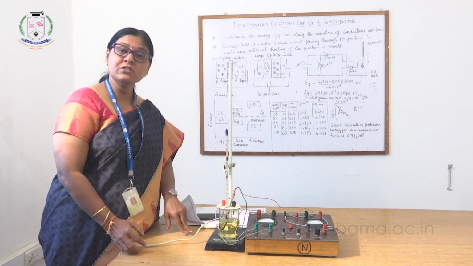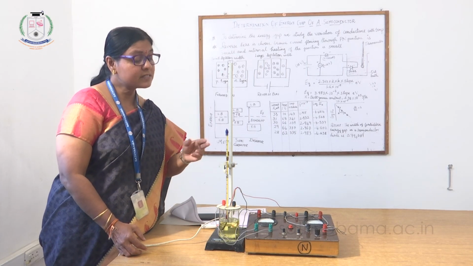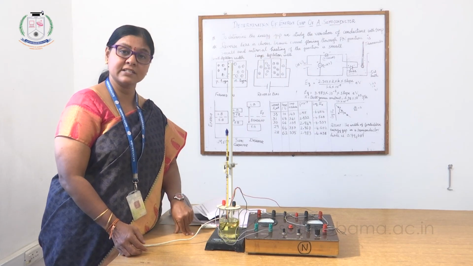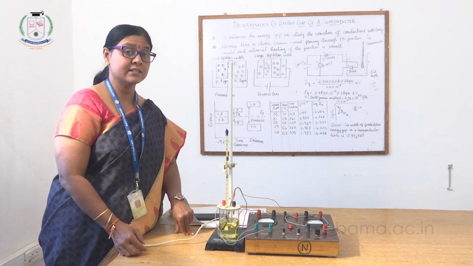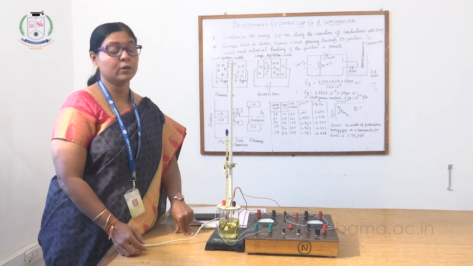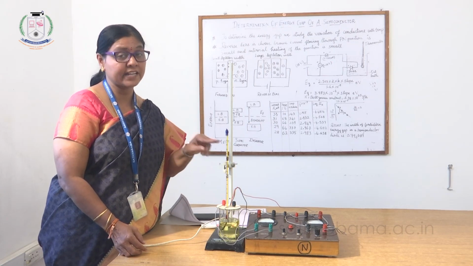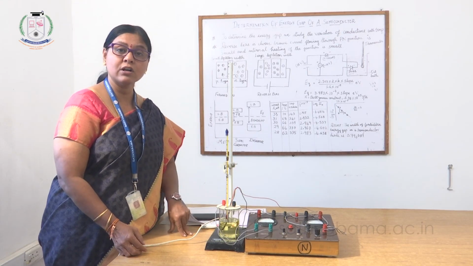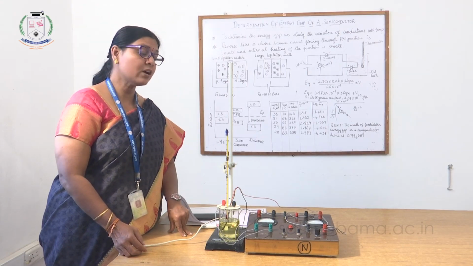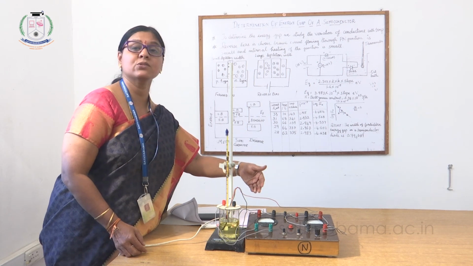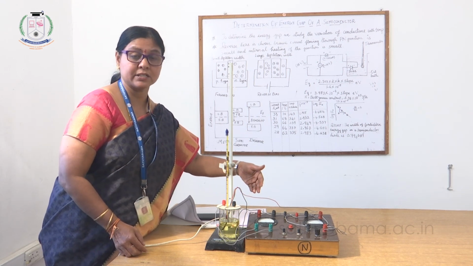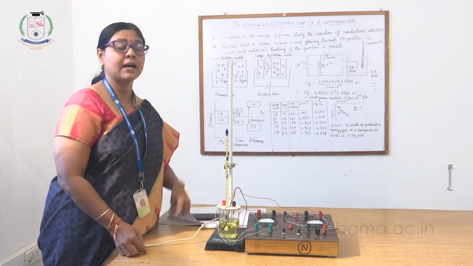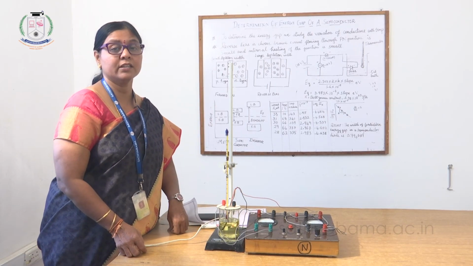I am going to repeat the experiment till the temperature falls to nearly 70 degrees Celsius, that is 10 degrees below 80 degrees, which is the maximum. So for every 2 degree fall in temperature, we note the corresponding value of the microammeter and tabulate it in the tabular column as I am going to show on the board.